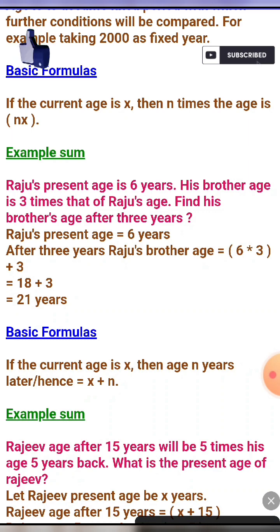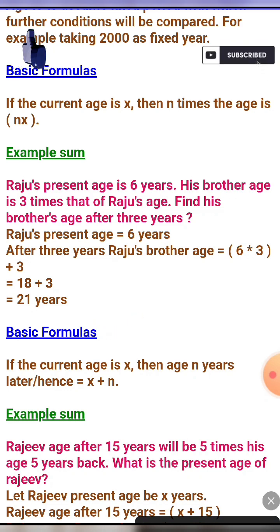And after 3 years means plus 3. 6 into 3 is 18, 18 plus 3 is 21 years. So his brother's age after 3 years is 21 years.